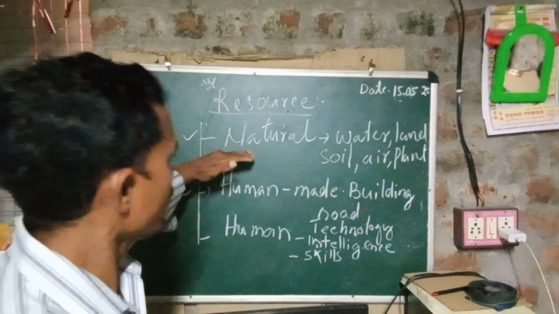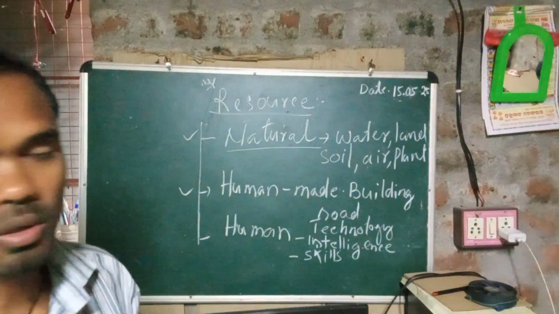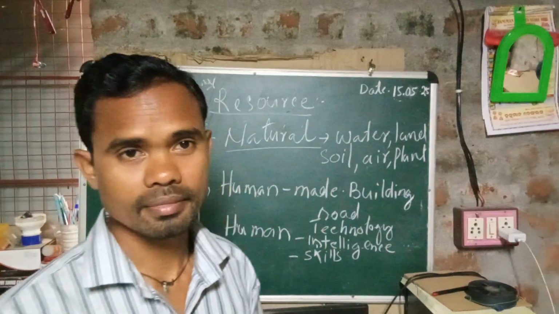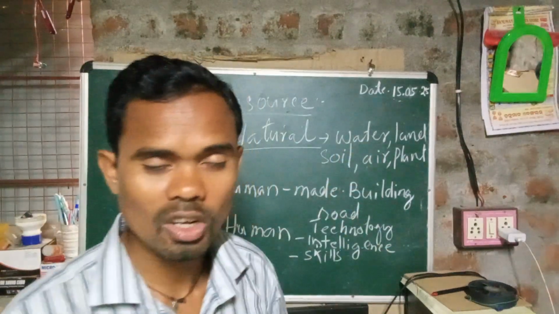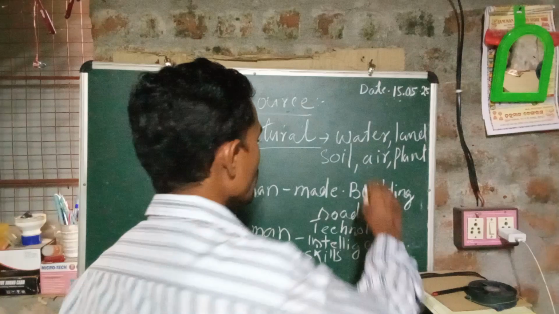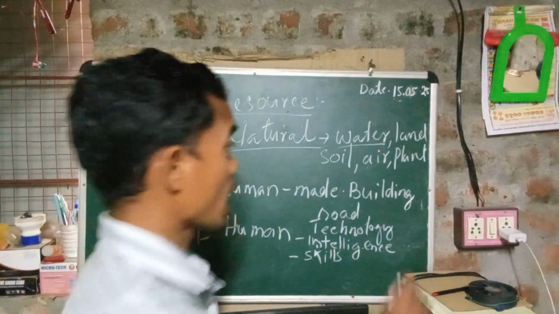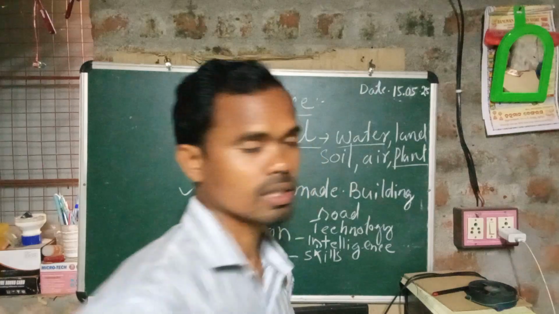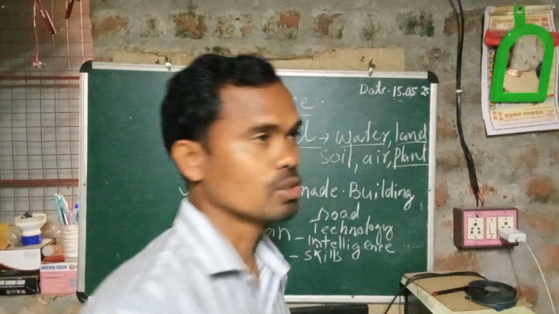And this is very important: the natural resource we should conserve. Because we cannot make water, my dear students, so we need not waste it. Plants we should not cut. Land we should not waste.